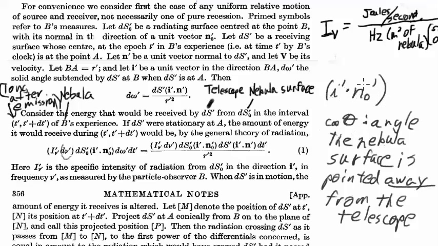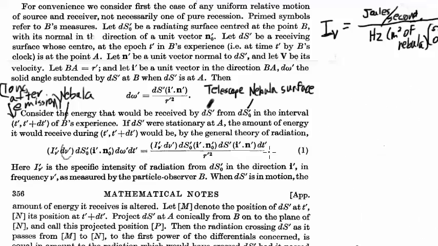But as long as this is between negative 90 and 90 degrees, then the nebula surface is pointed towards where the telescope is receiving, let's call it the perception event. If the nebula surface is pointed directly towards that perception event, then this is going to be 1.